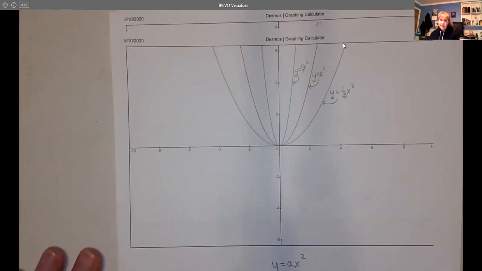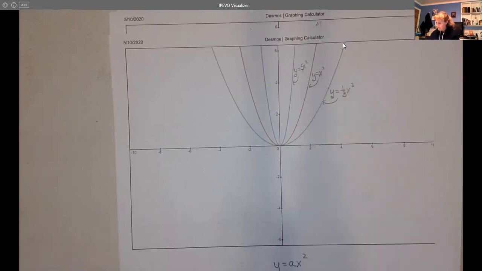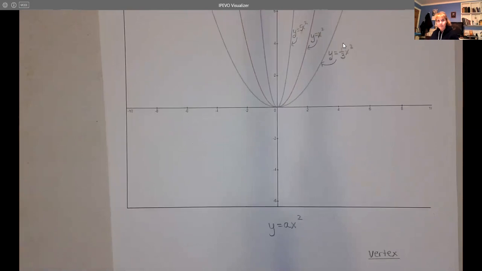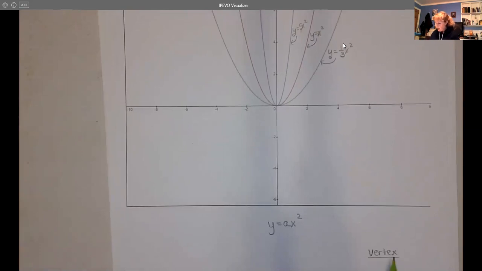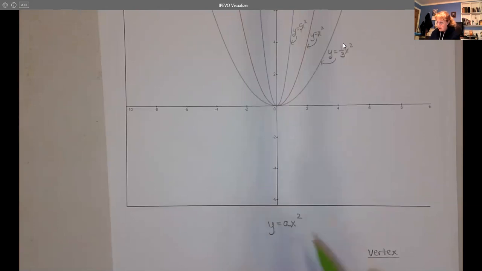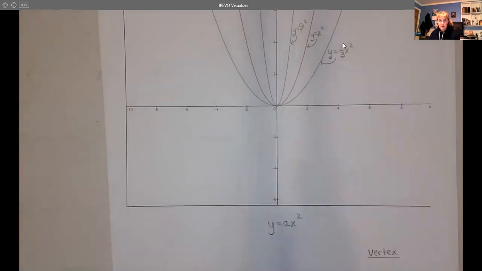Sometimes the A is just a 1 like this in front of this one. Okay. All righty. Now, one other thing in dealing with these, let's talk again about the vertex. What's the vertex of all 3 of these? Well, the bottom on all 3 of these is 0, 0.